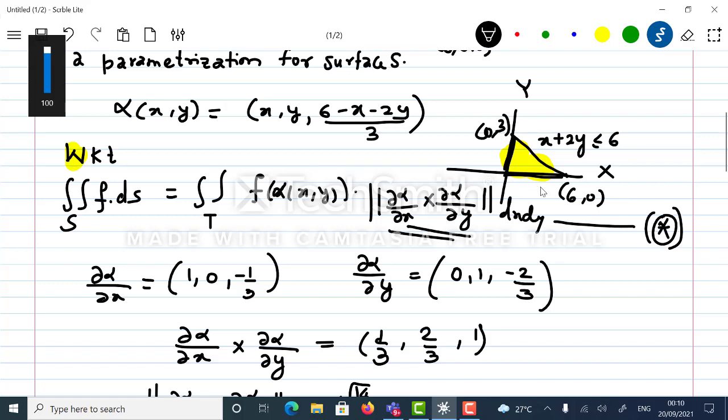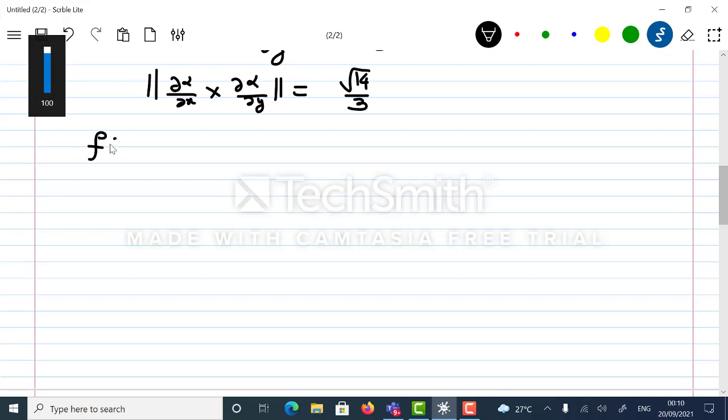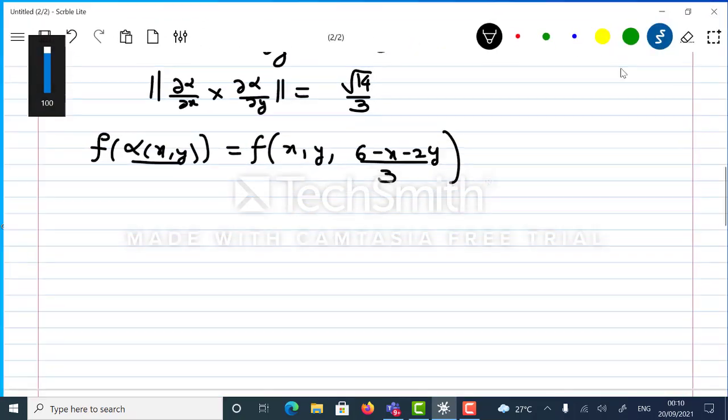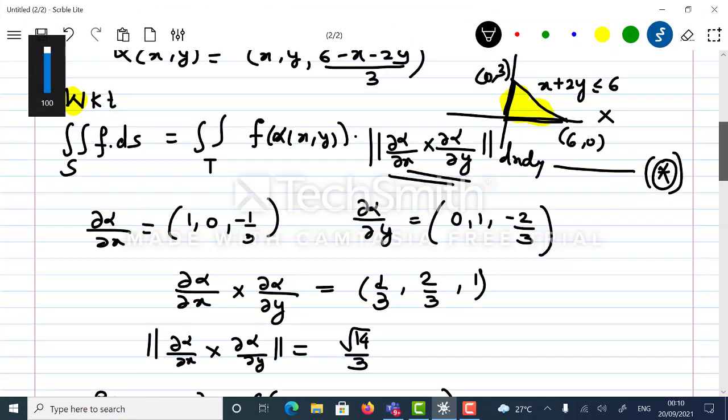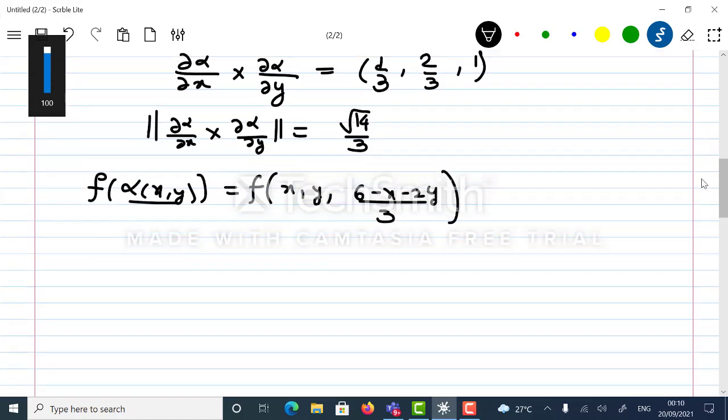What is f of alpha of x comma y? Let's find out this. So f of alpha of x comma y is basically x comma y comma (6 minus x minus 2y) upon 3, correct.